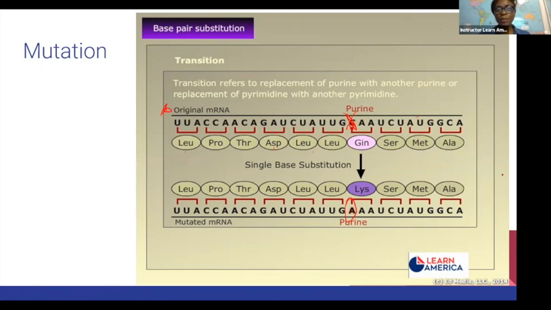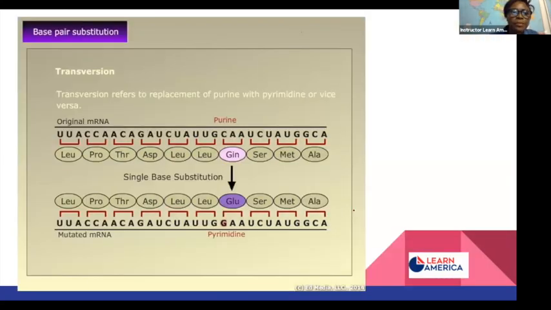Most of the time this happens, but not all the time. Sometimes a change will occur and you're still able to make the same protein. But in this case, there was a base substitution. C was substituted by A, which changed the protein that was made. So this is base pair substitution, one type of mutation.